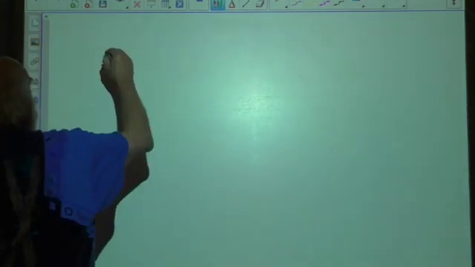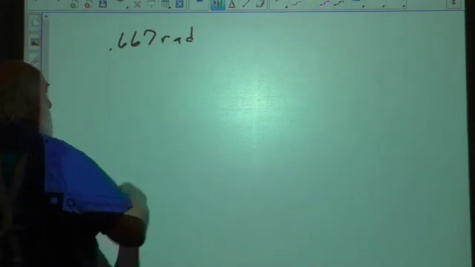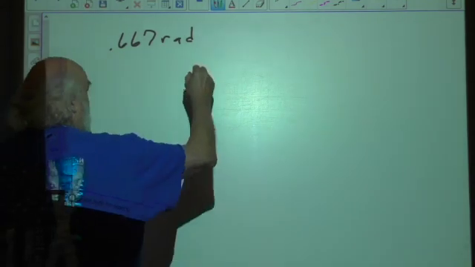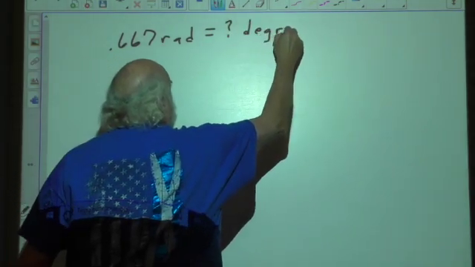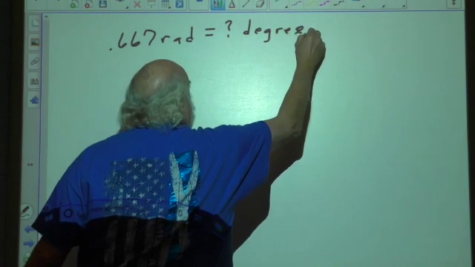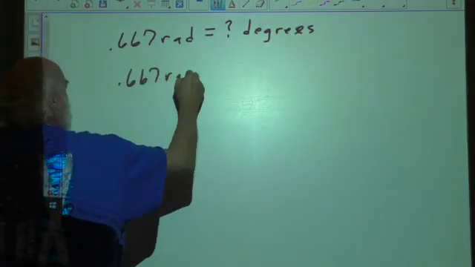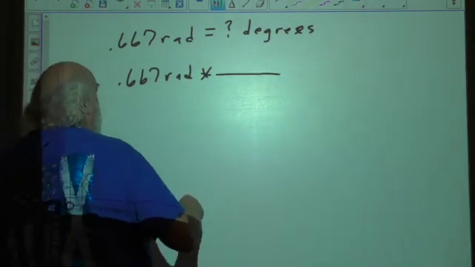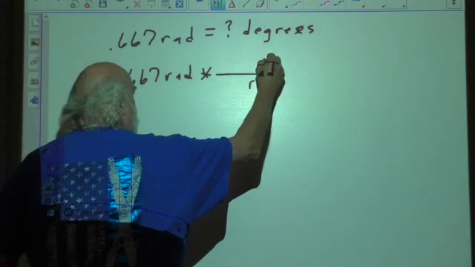So let's suppose you have 0.667 radians around the circle, and you want to know how many degrees that is. You take 0.667 radians times a fraction line, and we're going to put radians on the bottom and degrees on top.